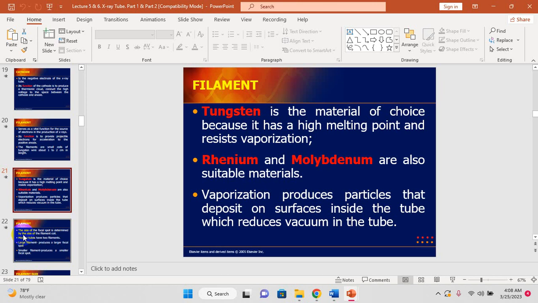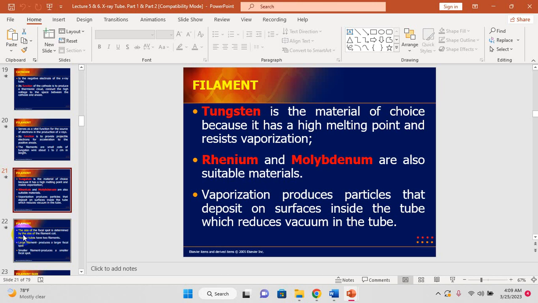Pag turn on mo ng machine, at pag uminit ang filament talaga is napakainit niyan. And therefore, dapat the material of choice has a high melting point to avoid it to get melted. Kasi pag ginamit mo lang is aluminum, is matutunaw yan. Wala ka ng filament.